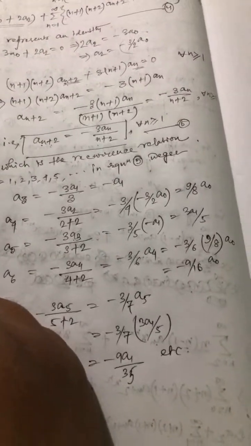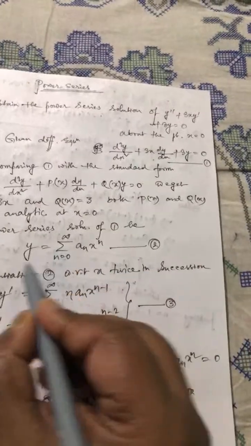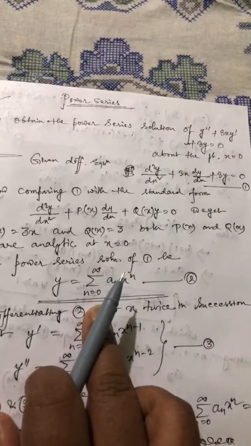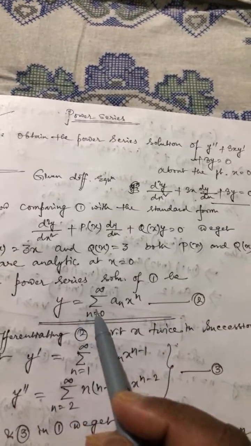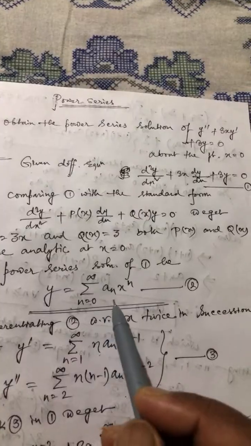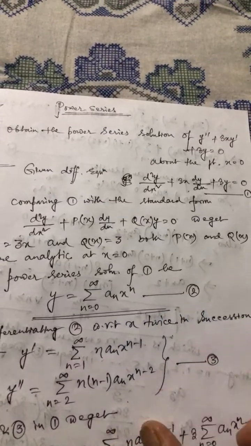Okay, so now it's time to utilize all these values. Remember, we have taken the series solution of this main problem to be y equals summation n equals 0 to infinity a n x to the power n.